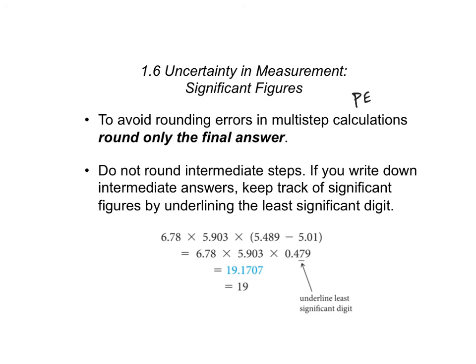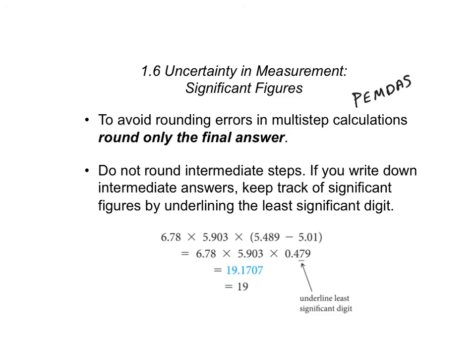Please excuse my dear Aunt Sally, just as a reminder. And then number 2, as you're going through this, you don't want to start rounding too early. If you do, you're going to start introducing calculation errors because you're rounding and it's messing up all of your numbers, okay? So you don't want to round until the very end, but you do want to keep track of all the significant figures as you move down, okay?